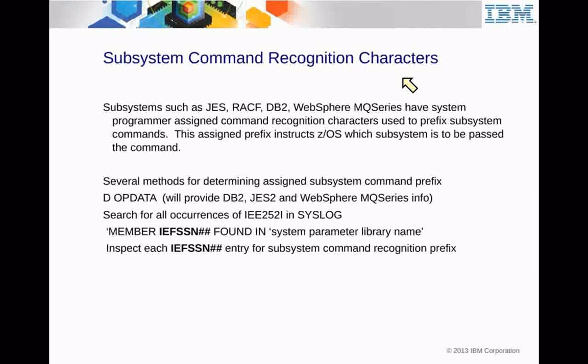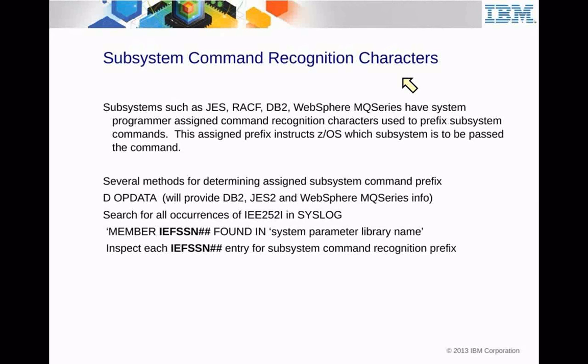The system programmer that installs a product can update a parameter library member and say, if you type in this string of characters, that's talking to a specific subsystem, such as JES, like the dollar symbol. That's the dollar symbol you saw in front of commands. $D was a JES command. The dollar symbol represents a JES subsystem command recognition character.